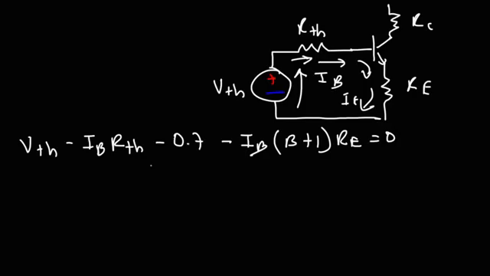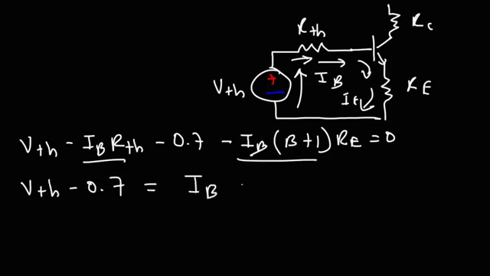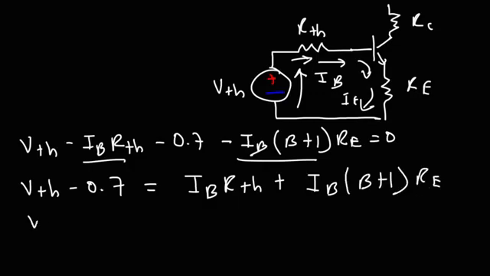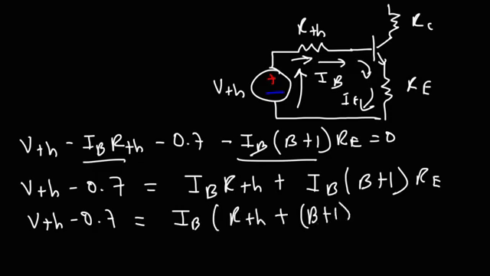Now what I'm going to do is take these two terms and move them to the right side of the equation. So I have V Thevenin minus 0.7 equal to IB R Thevenin plus IB times beta plus 1 RE. Now the next thing I'm going to do is factor out IB. So I'm going to have R Thevenin plus beta plus 1 in parentheses times RE.